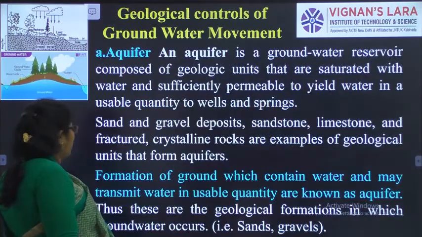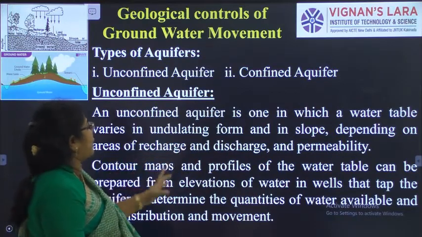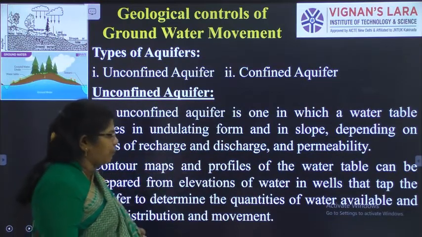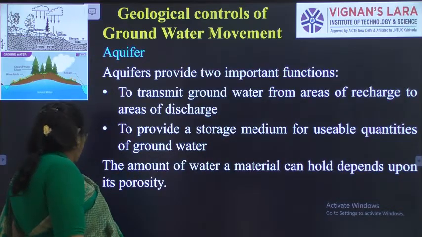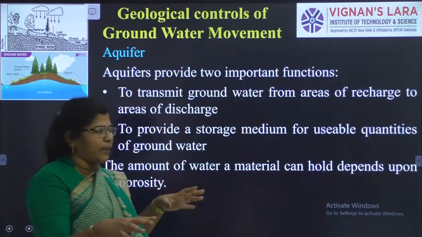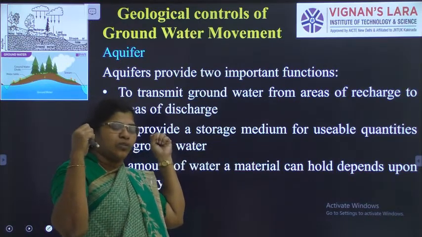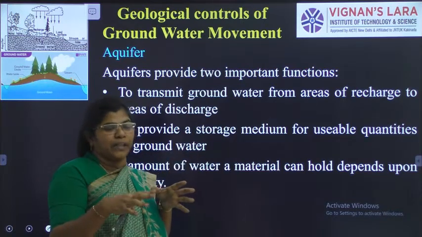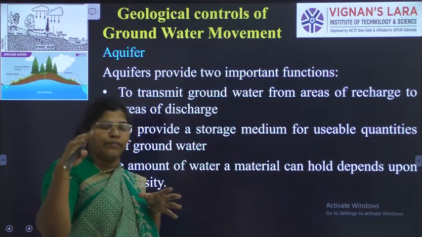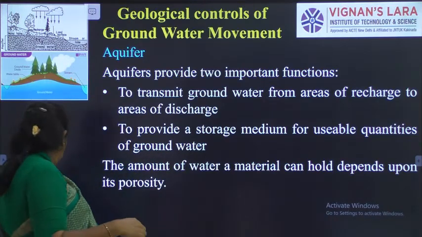As I already told you, the unconfined aquifer is one in which the water table varies in undulating form in slope and depends upon the discharge. It is the top layer of the zone of saturation from which water can be withdrawn. The aquifer will have a cone of depression, and rising and falling of the water table will be there with the unconfined aquifers.